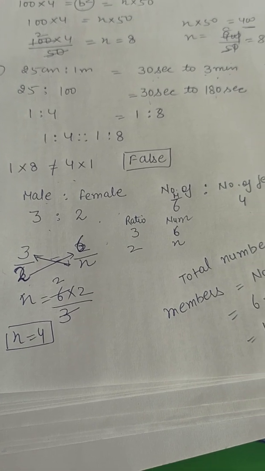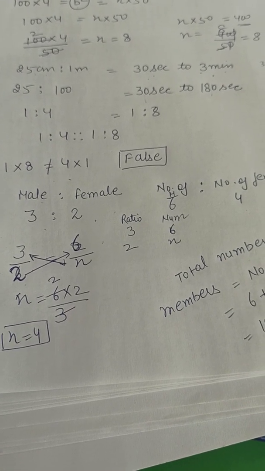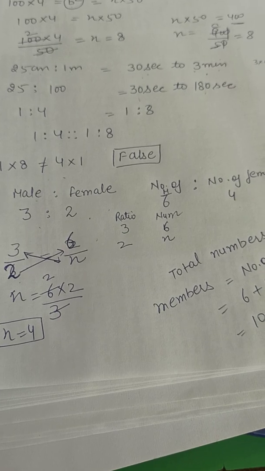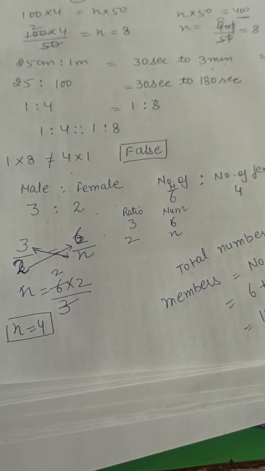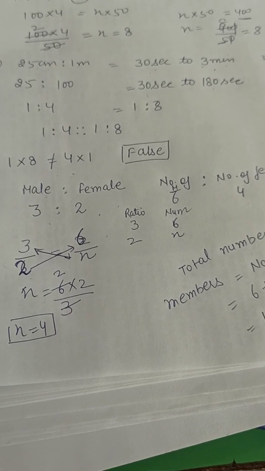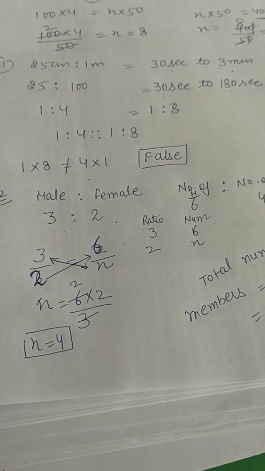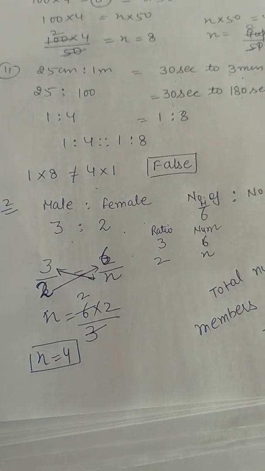Next, question number 13. A man's monthly income is rupees 1400, out of which he spends rupees 1057 every month. Find the ratio of. So here now see the ratios.